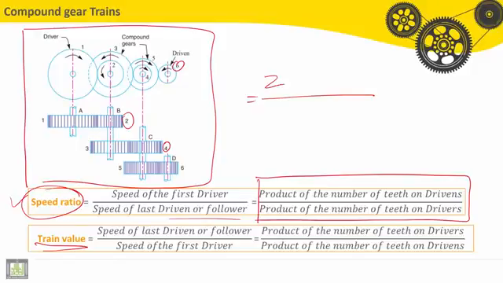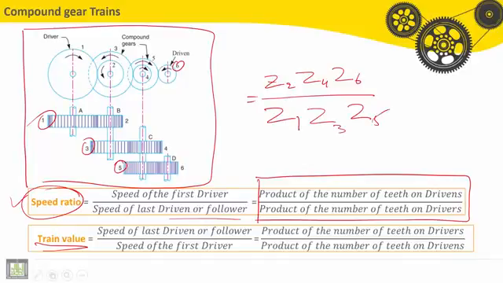Then we find Z2, Z4, Z6 divided by the product of the number of teeth on the drivers. The drivers are number 5, number 3, and number 1: Z1 multiplied by Z3 multiplied by Z5. This is the speed ratio.